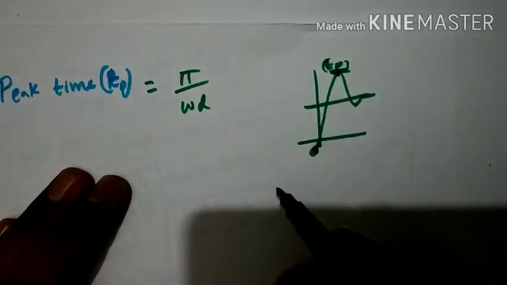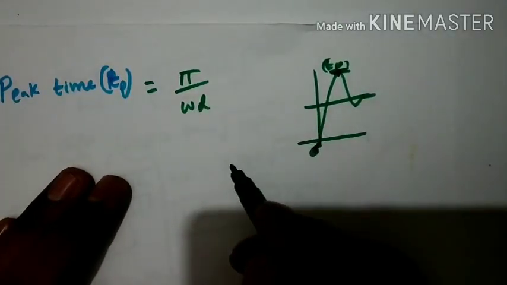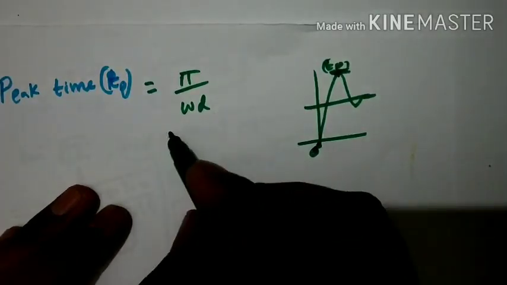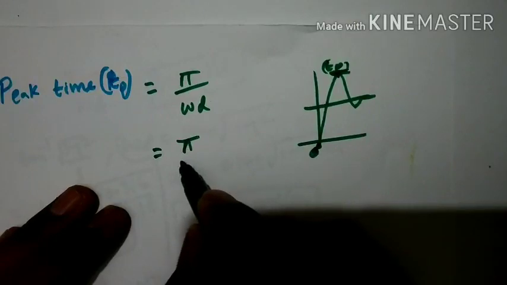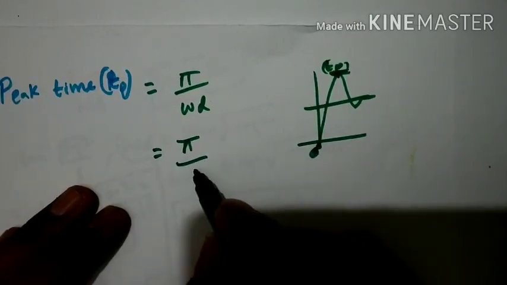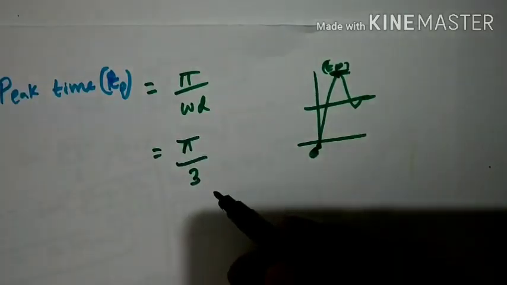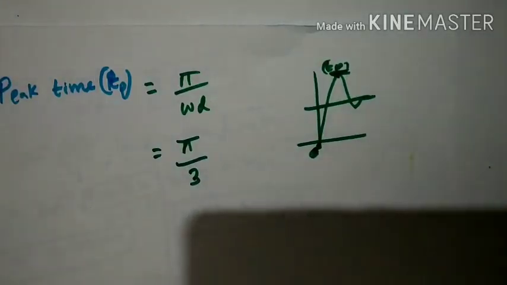So the equation is pi by omega d. Pi is 3.141, and omega d, you know already, is 3 radians per second. So when you divide 3.141 by 3, how much will you get?